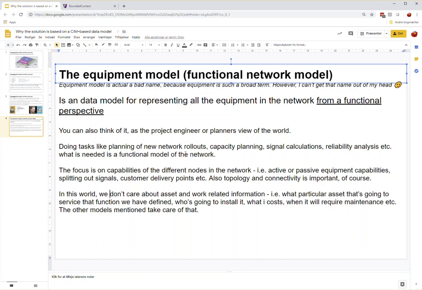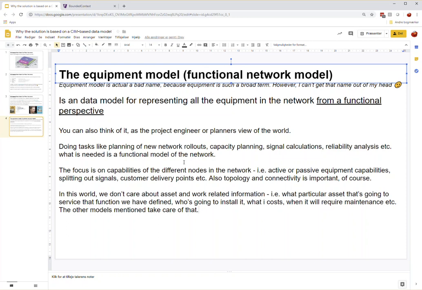You don't care about work-related information, like who has installed this thing and who's going to install this thing, and so forth. When was it happening, and when is this thing going to be maintained and stuff like that. You don't want to get this view polluted with all that information. Also, asset information, like serial numbers and stuff like that, who owns that asset, and all that stuff. You don't want to put that into this model. You want this pure view of the network function.